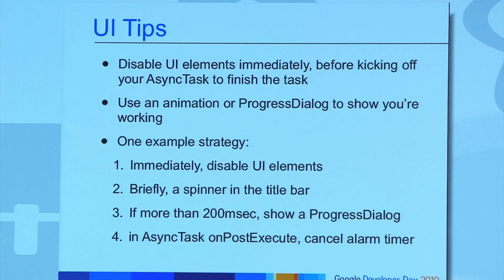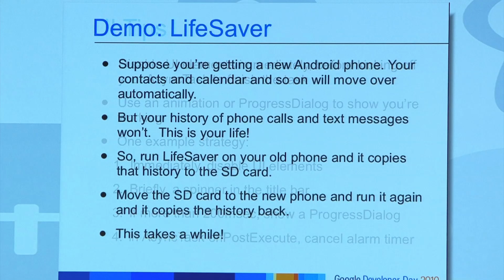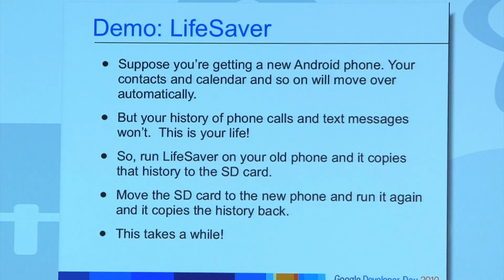Now, I'm going to show you an example of a little program that I wrote that does that. So I have a little app in the Android market called Lifesaver. Now, if you get a new Android phone, it will transfer all your contacts and calendars and mail automatically. One thing it does not transfer is the history of your phone calls and your text messages.